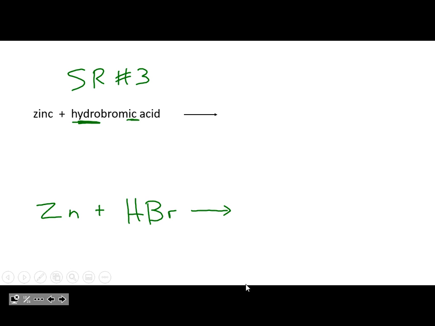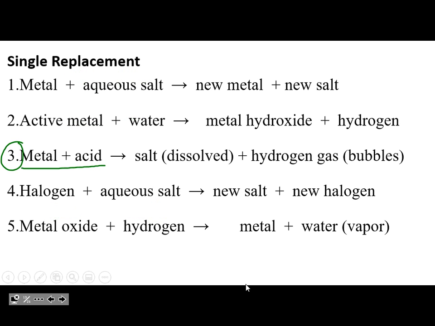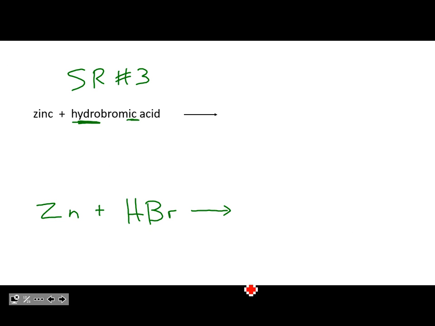So zinc will make this reaction occur. So I'm going to once again be forming a new salt and hydrogen gas. So what's my new salt going to be? Well, just pretend that that zinc right here, once again, is replacing that hydrogen. So that's going to give me zinc bromide. Zinc's a 2+, bromide is a 1-, so it's going to be ZnBr2, and we're going to release hydrogen gas.